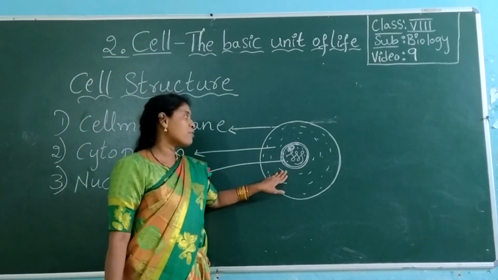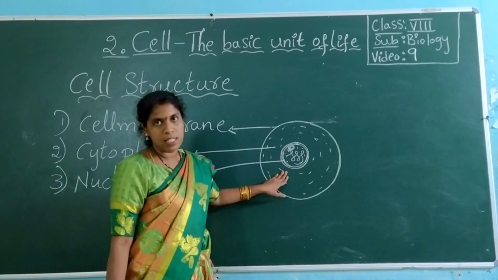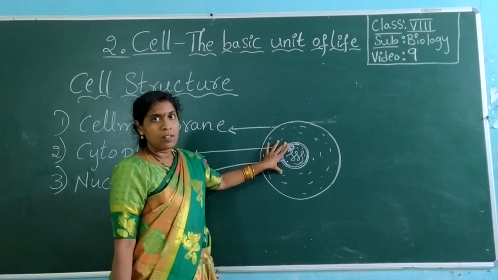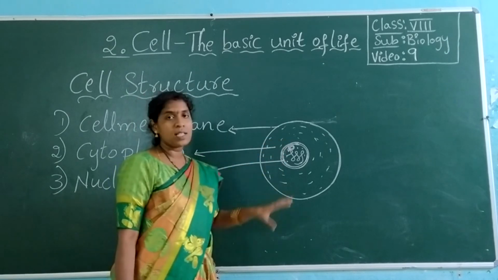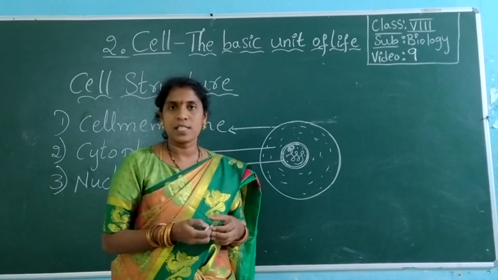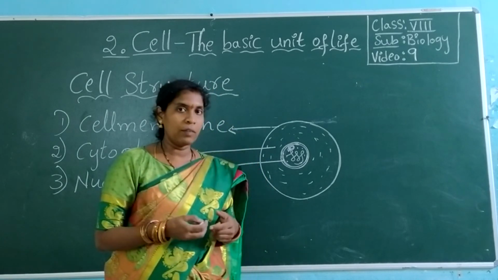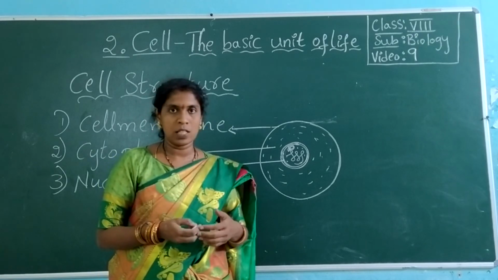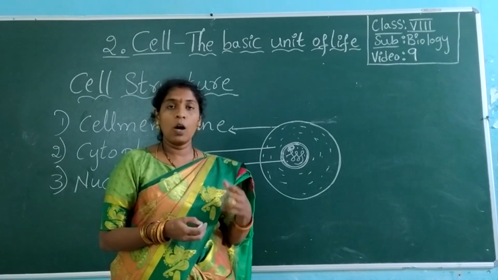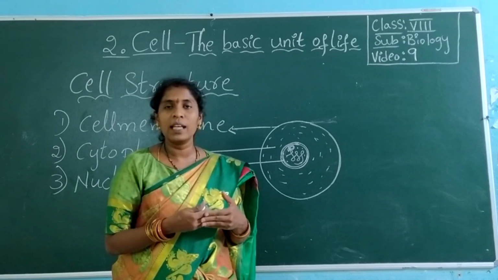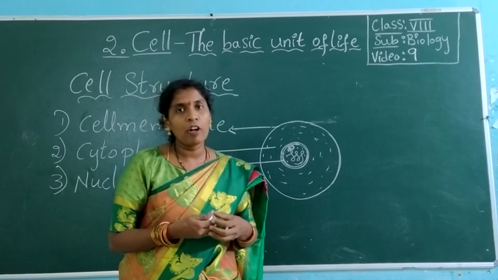The cell which I have taken here now is an animal cell. In animal cell, the nucleus is present in the center. Why is it present in the center? Actually, the nucleus is like the brain of the cell. For example, in our body we have a brain which helps control all body activities, voluntary functions. Now I am talking, I am able to move my body parts, everything is under the control of my brain.